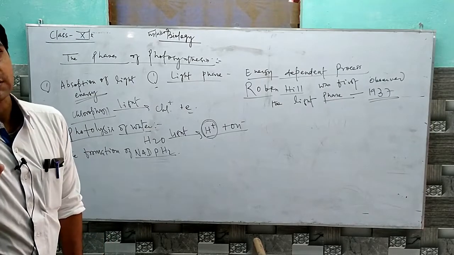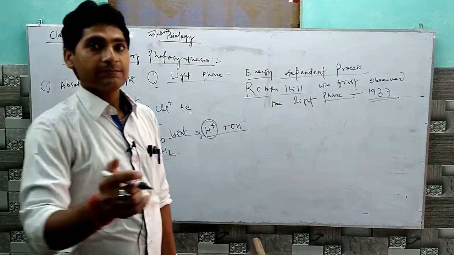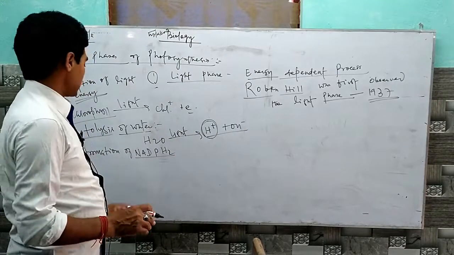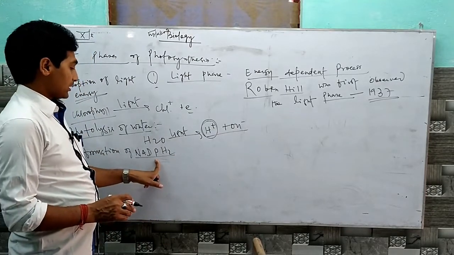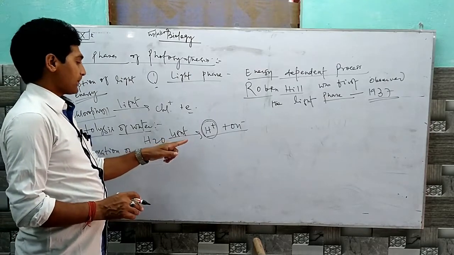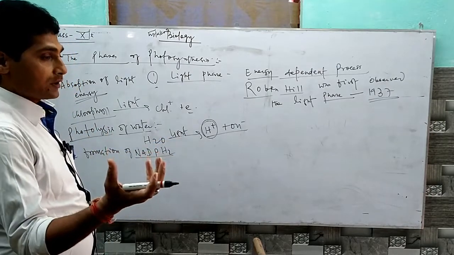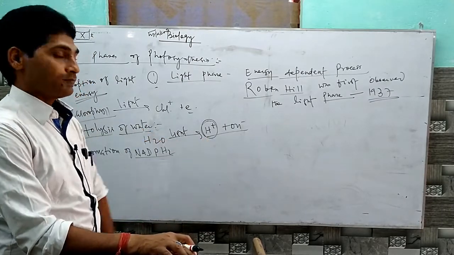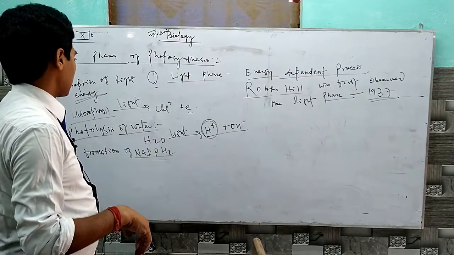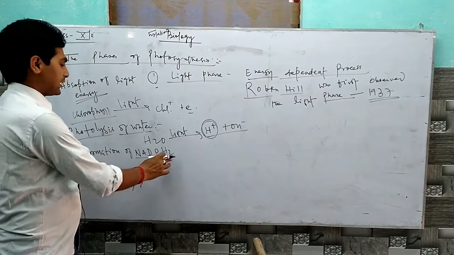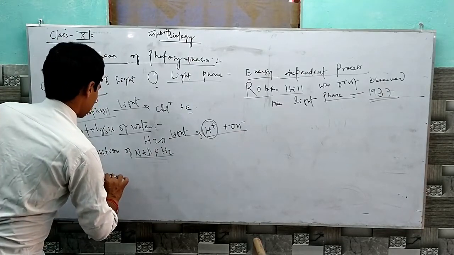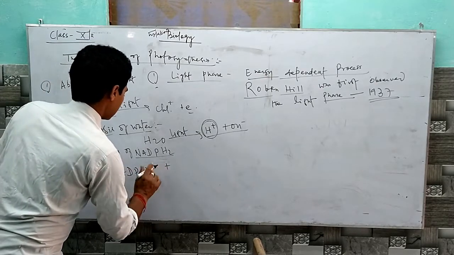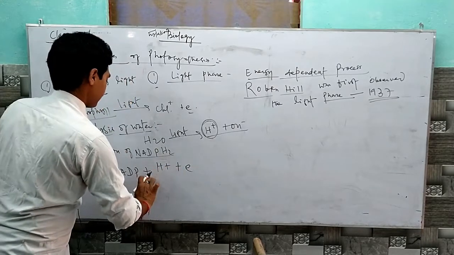NADPH2 is the assimilatory power that provides energy for the dark phase. The NADPH2 is produced by the picking up of hydrogen ion by NADP, received from photolysis of water. We can write it as NADP plus H plus plus electron to form NADPH2.